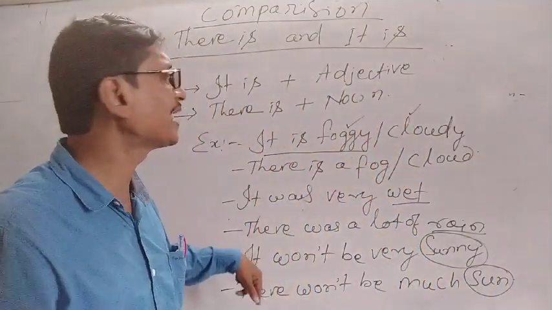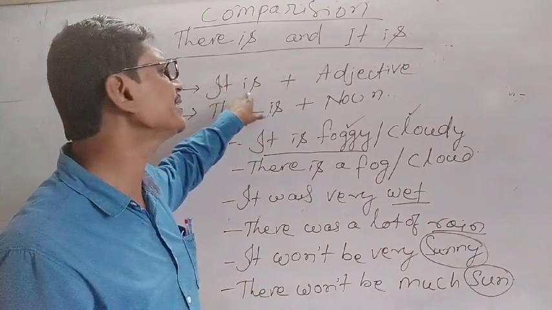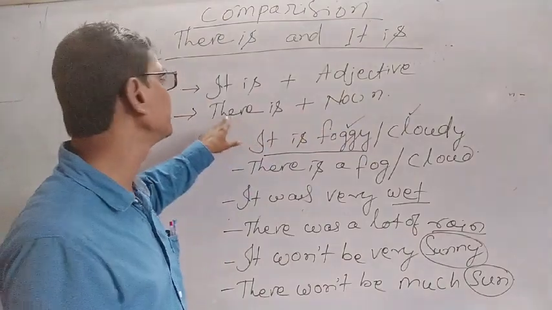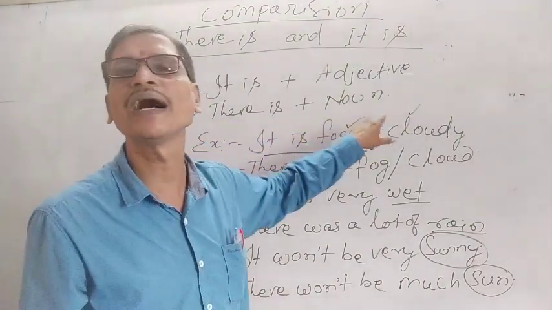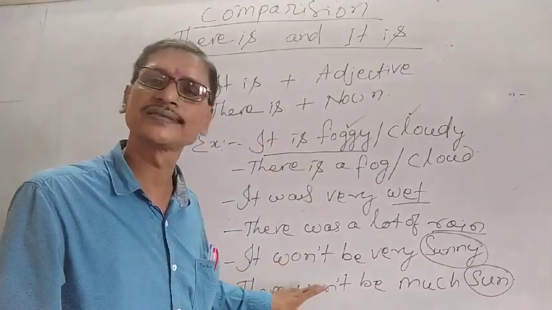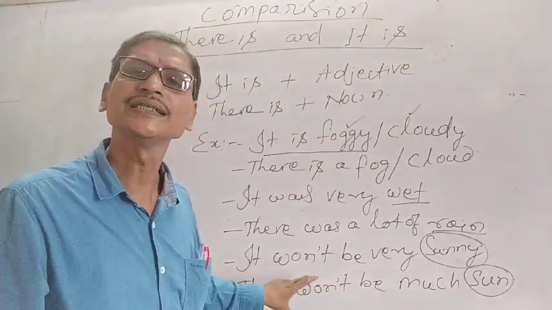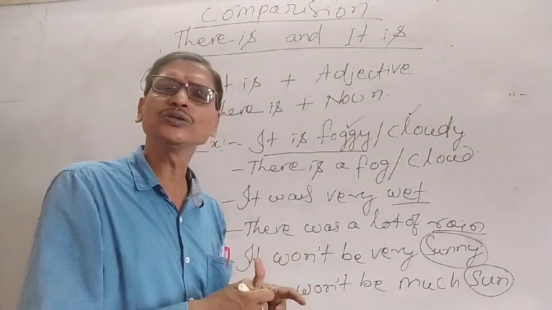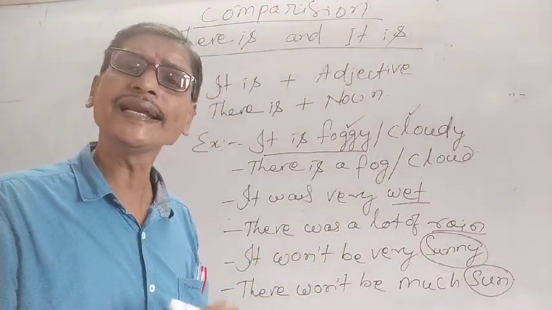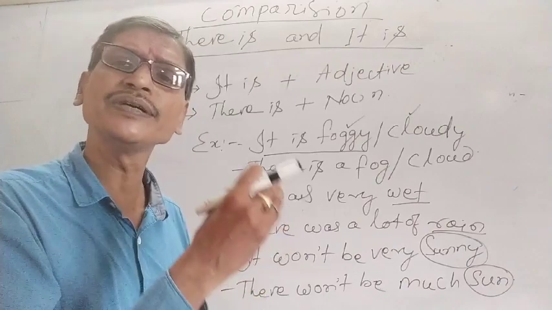So the difference is that it is always followed by an adjective, but there is always followed by a noun, and we understood this from the given examples. Understand? So we have understood the use of it is and there is. We can use a singular verb with it.